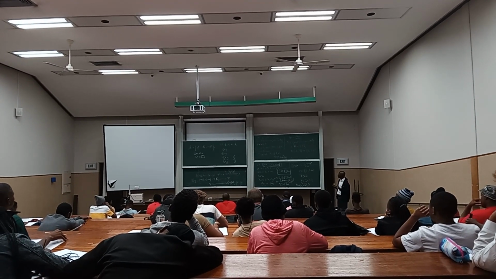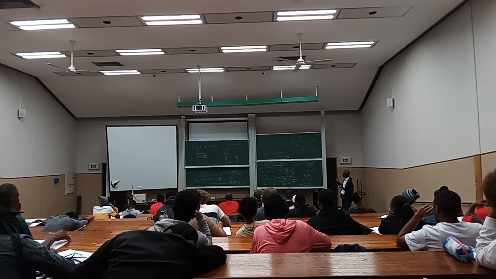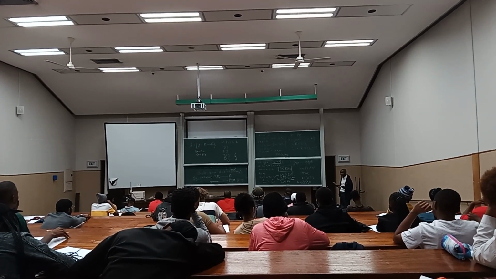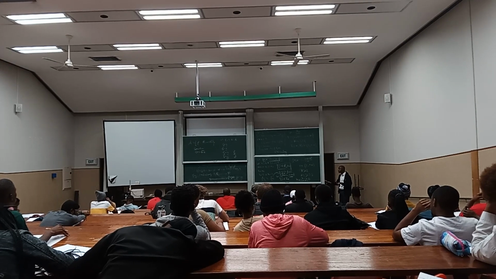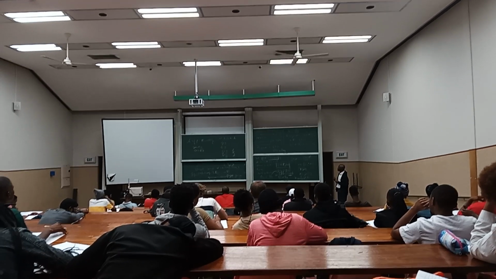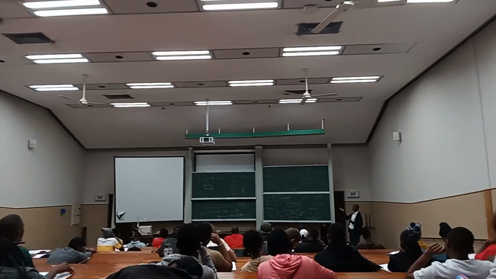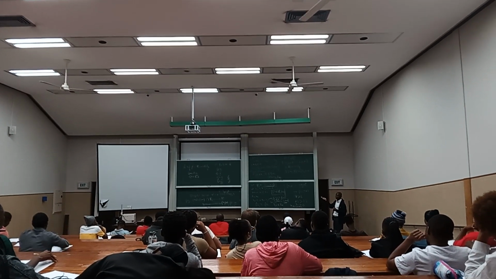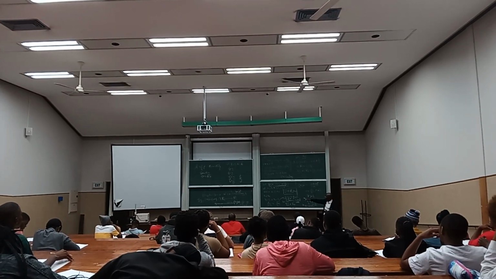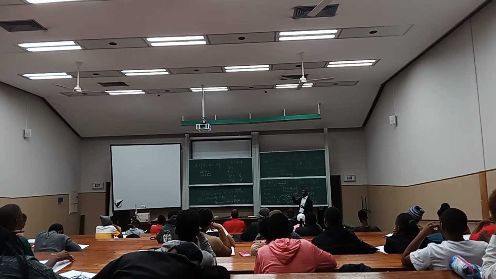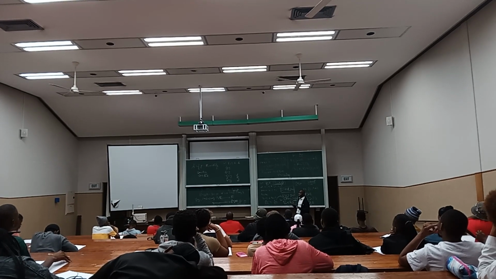And I can evaluate f plus j at any element inside my domain. So I can ask you now, what will be f plus j of square root of 3? What will be the output? If I say f plus j of square root of minus 2, you should be able to give it to me. But you have to be careful, because the domain of f plus j will be the domain of f intersection with the domain of j.